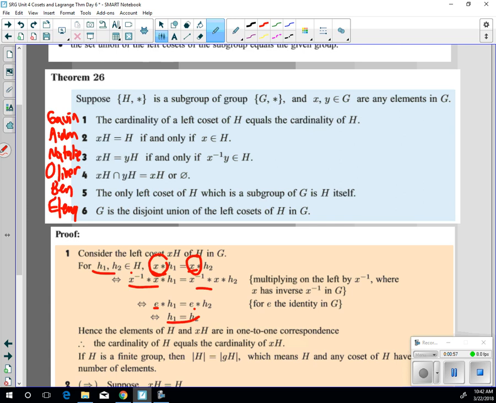So the cardinality is essentially how many elements there are within the group.